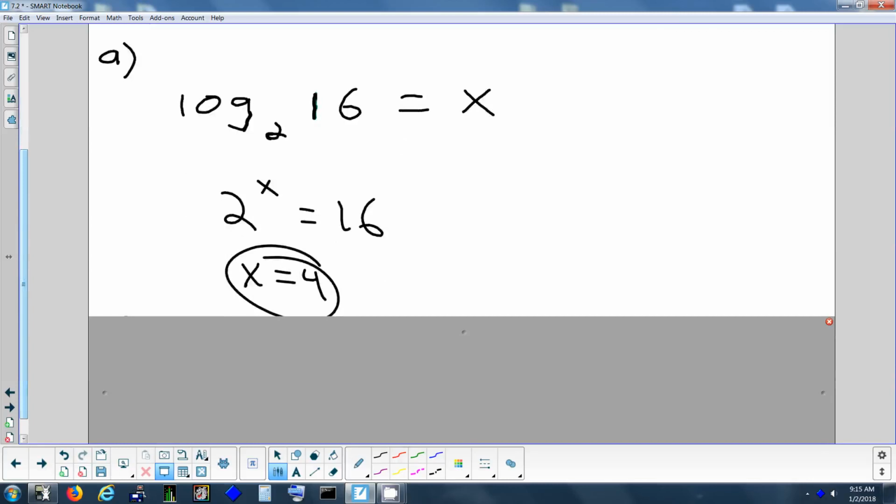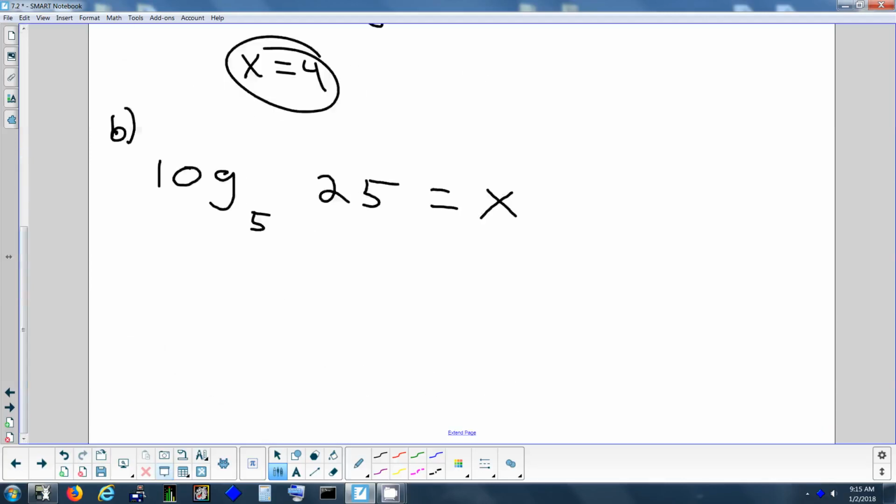All right, so 2 to the 4th power gives me 16. Any questions? Now, if you're wondering, what if it was 2 to the x equals 17? Now it doesn't come out nice. Then we could type it in on the calculator, and I'll show you how to do that probably tomorrow.